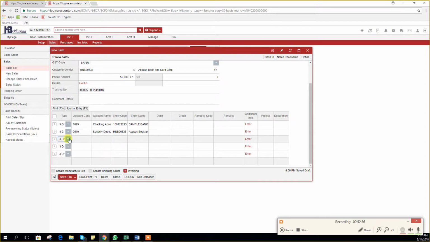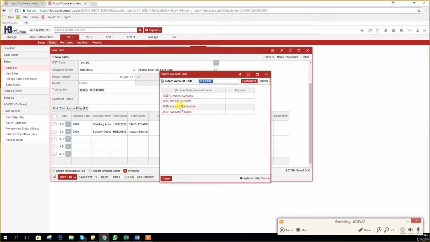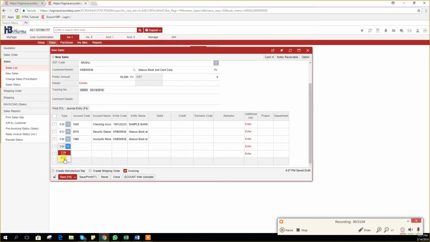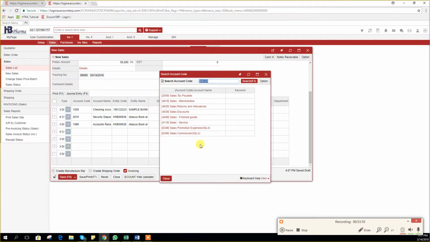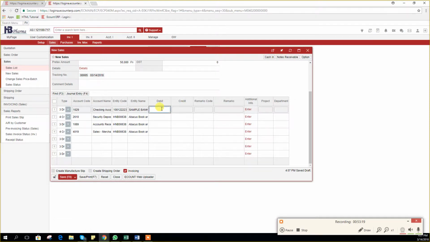Then you are going to debit accounts receivables, and then credit the sales. It's the same thing. Sales merchandise.